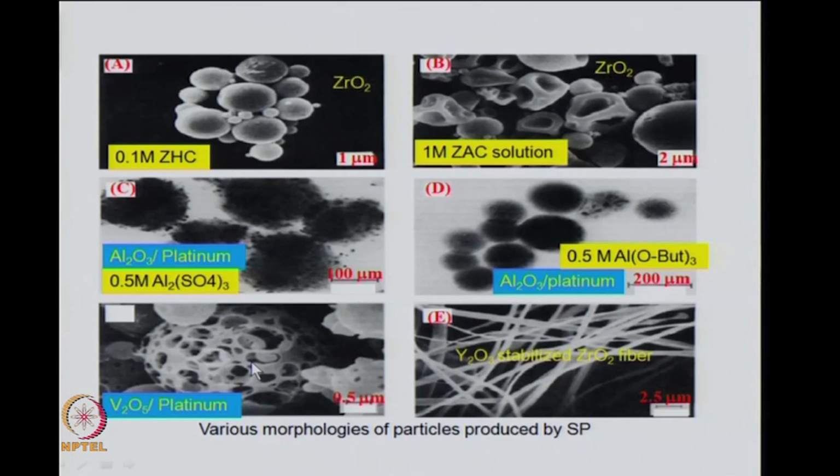In this case, although the particle looks spherical, it is highly porous. In this case you have fiber like or rod like structures, and so you can imagine a very wide variety of structures and porosity are possible by the spray pyrolysis method by choosing different solvents, different precursors, different concentrations.